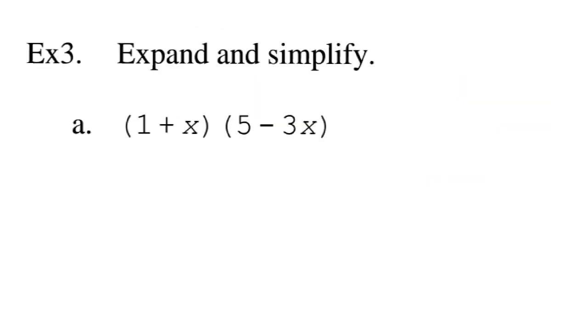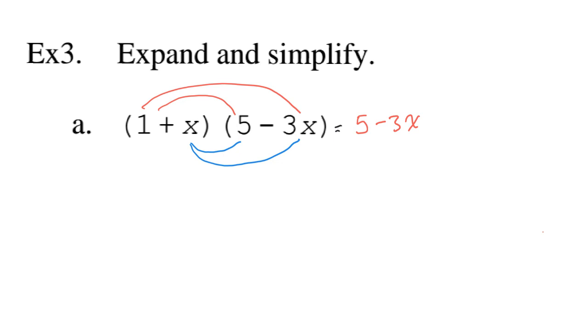All right, now pause the video and try this one. Expand it on your own and then see what my answer is. So the first part is going to be 1 times 5 gives us 5, and then 1 times minus 3x is minus 3x.